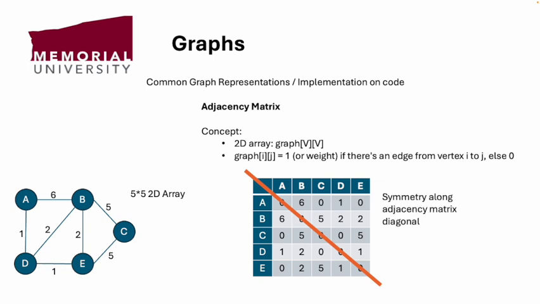So there's symmetry along the adjacency matrix diagonal, right? That's our matrix. So this applies to what type of graph? Only for undirected graphs. If there's no direction defined, we can see this matrix is symmetric along the diagonal line.